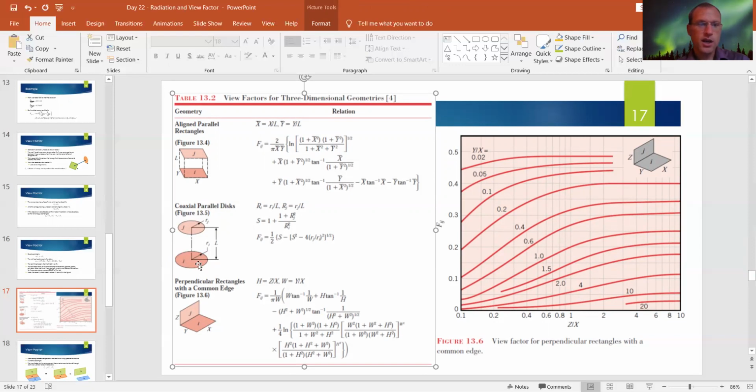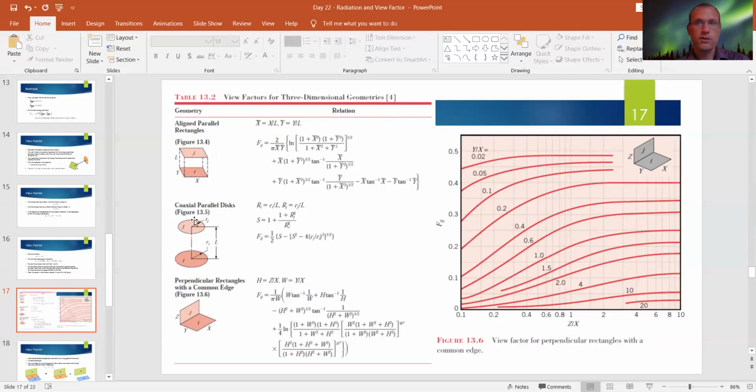Stuff going straight up hits him. Stuff coming off at an angle may or may not hit him. The bigger this one is, the more that angle hits him. So that's why it depends on the area, and that's why F12 and F21 are not the same thing. Again, this one has some equation. This one is actually not a bad equation comparatively, so I sometimes use this equation.